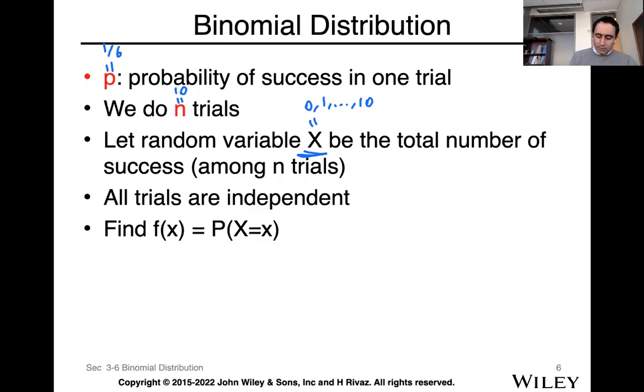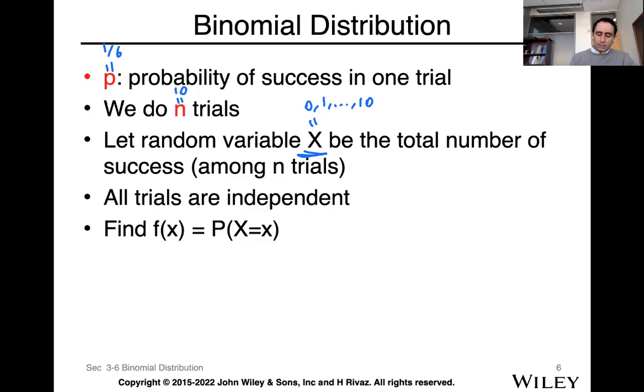A very important keyword here is that the trials are independent. If the trials are not independent, then your distribution is not binomial. When I'm rolling a die multiple times, the first roll does not affect the second roll, and the second roll does not affect the third roll, and so forth. So every roll is an independent experiment.